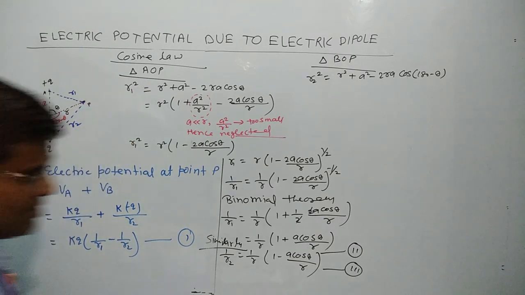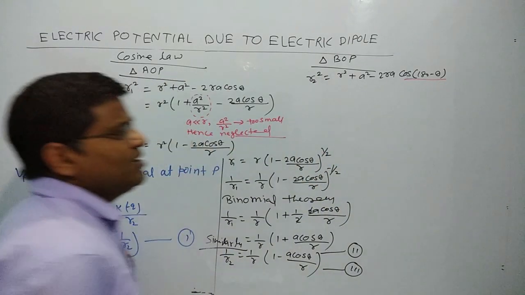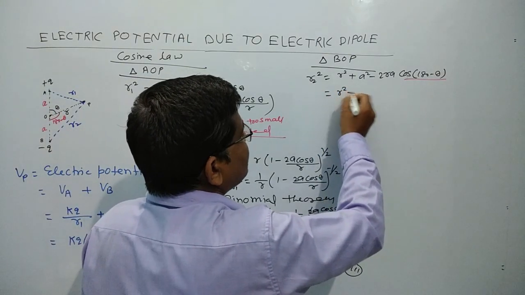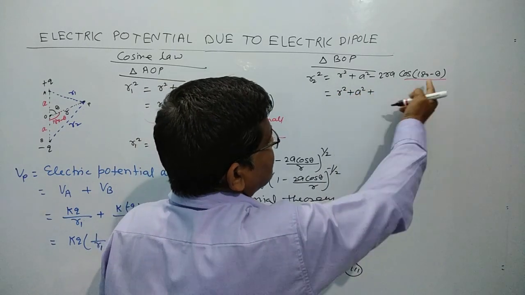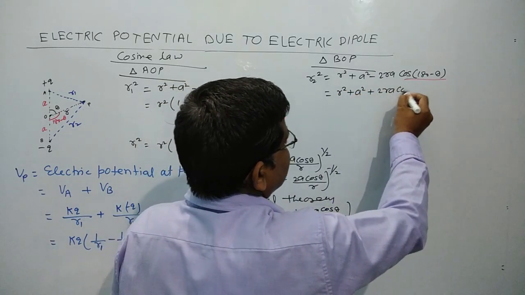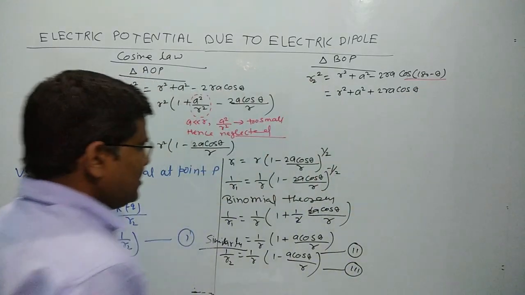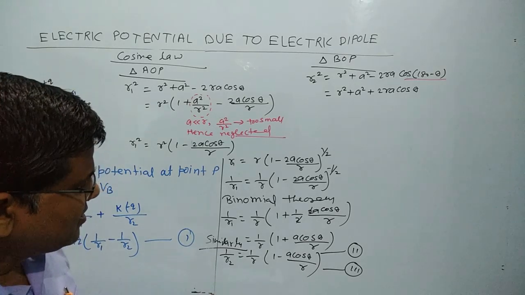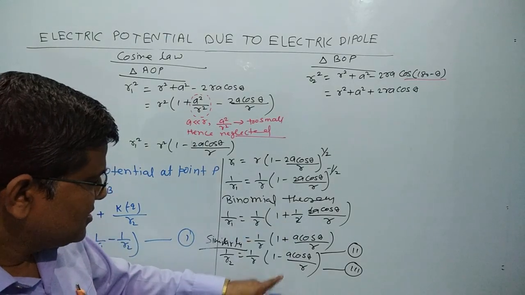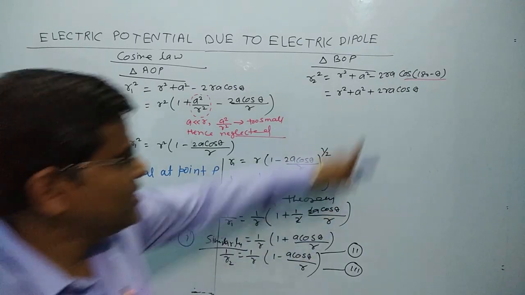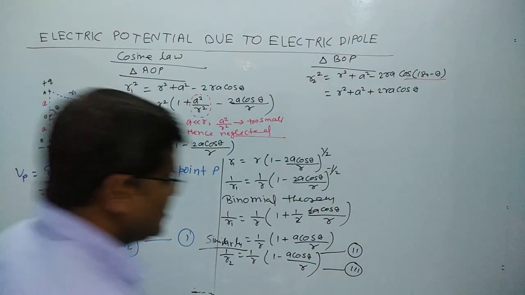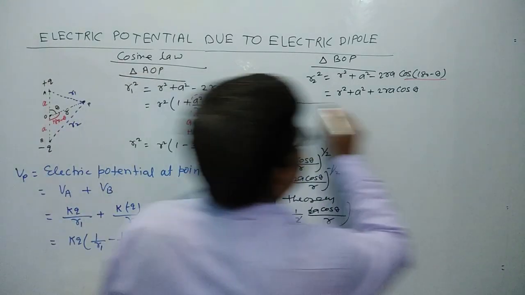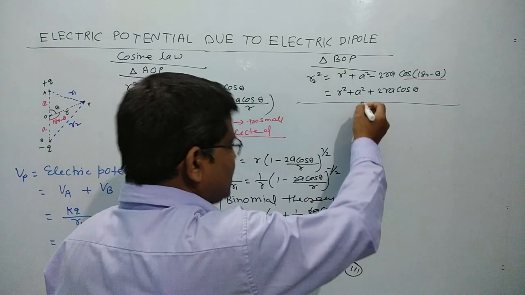This value becomes R square plus A square plus 2RA cos theta. Here the minus sign becomes plus, and if there is a plus sign, it becomes minus, which is why it is written as 1 minus A cos theta by R. No need to go further, just understand it.